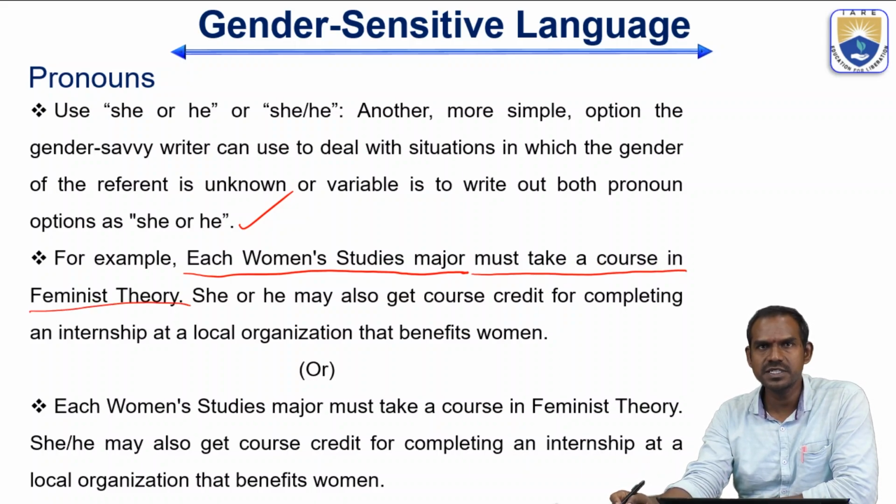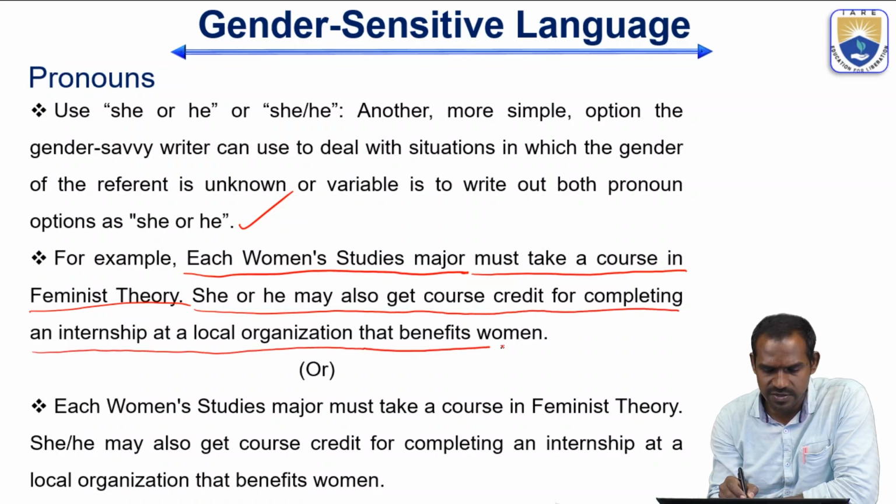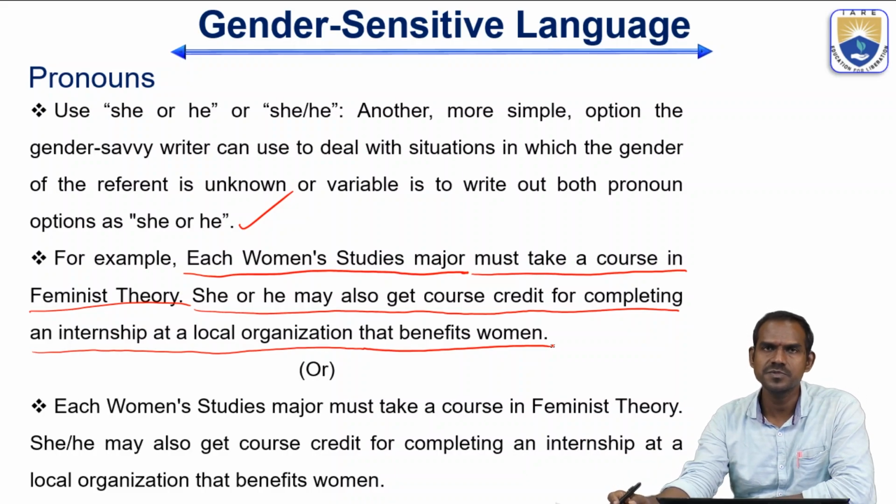So it can be continued as, she or he may also get course credit for completing an internship at a local organization that benefits women. So observe very carefully. Each women's studies major must take a course in feminist theory. So what is the consequence?